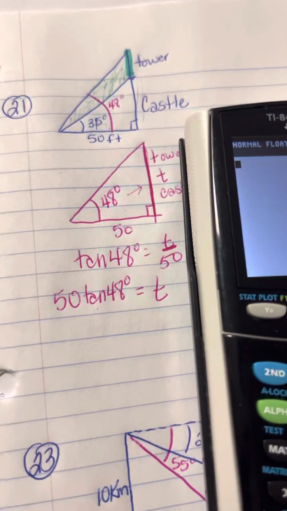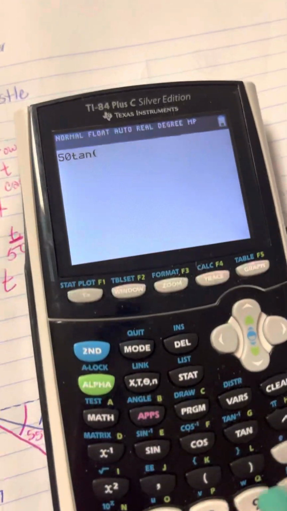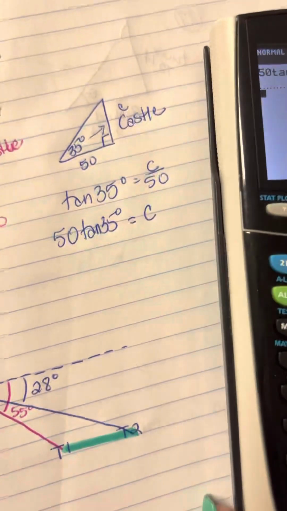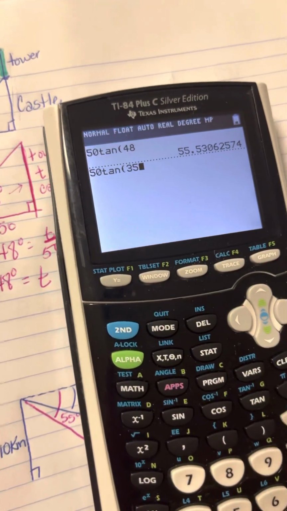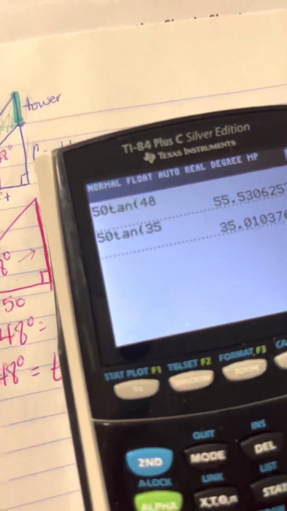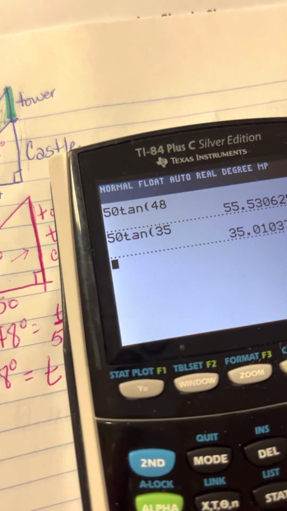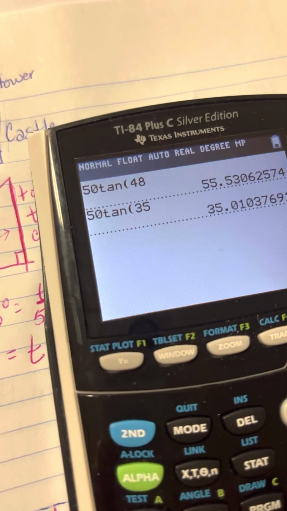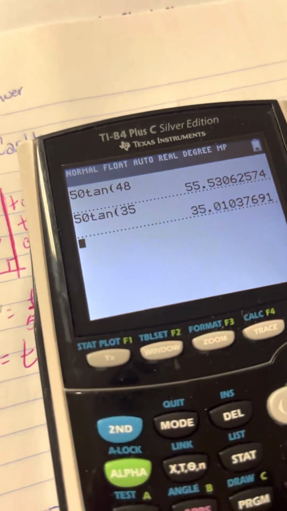First of all, I made sure my calculator was in degrees, so I do 50 times the tangent of 48. And then I do 50 times the tangent of 35. They want you, I think, to round to 1 decimal place.